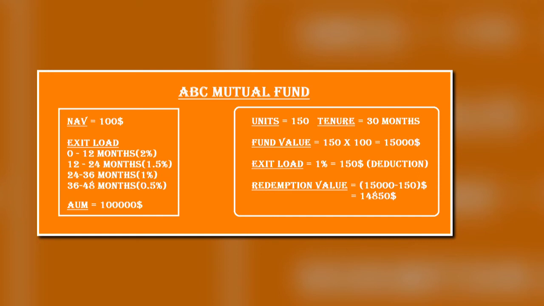So, the redemption value is 100 multiplied by 150, that is, $15,000. But 1% exit load is deducted from this $15,000 as penalty. So, your final redemption value is $14,850. This is the final amount that you get back after investing in this mutual fund.